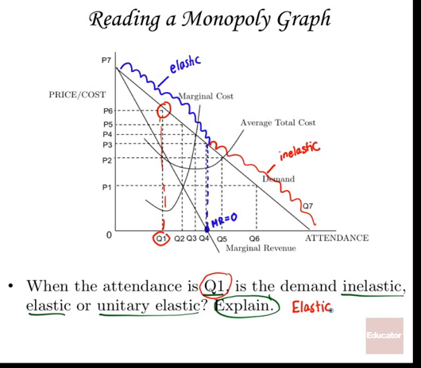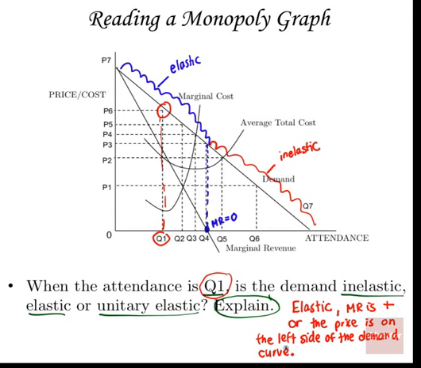There are several ways that you can explain that: MR is positive, or another inexact way is that the price is on the left side of the demand curve.